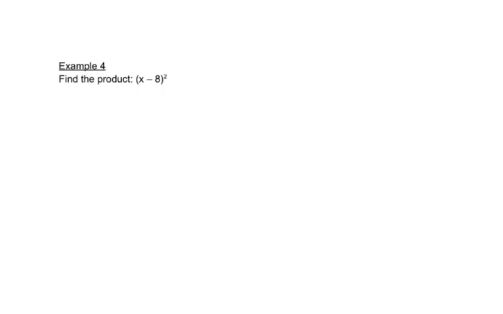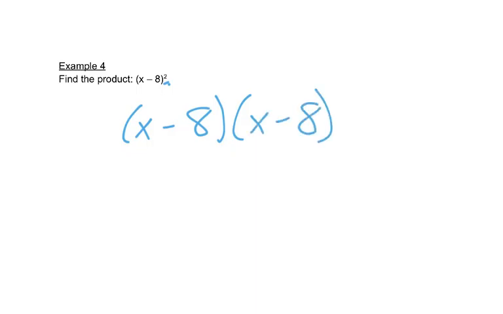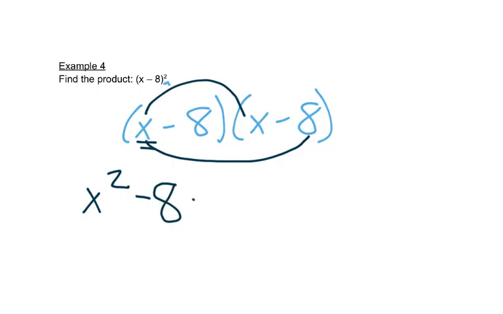Okay, so remember that this exponent of 2 really just means that we have this there 2 times. So this is another multiplication problem. Binomial times a binomial. So we're going to take this x and multiply it by this x, which gives us x squared. Then we take that same x and multiply it by the minus 8, so we get minus 8x.